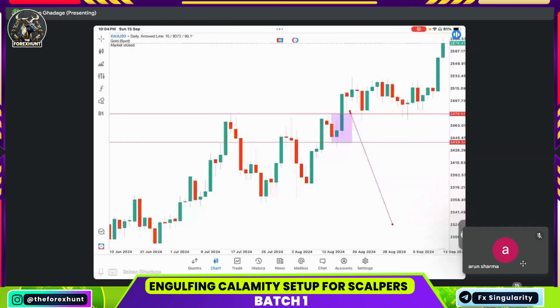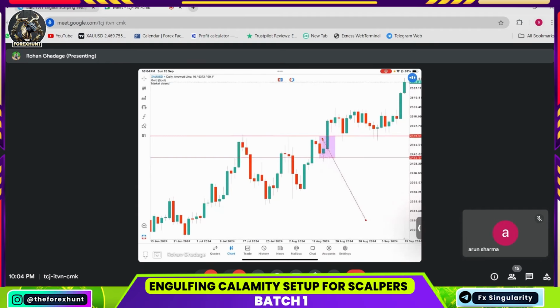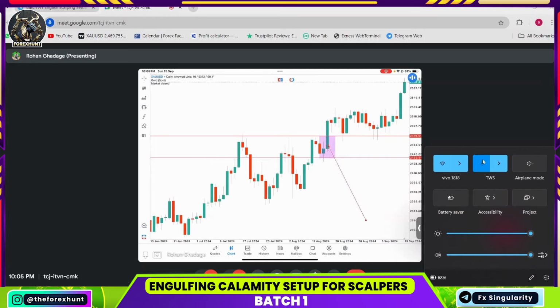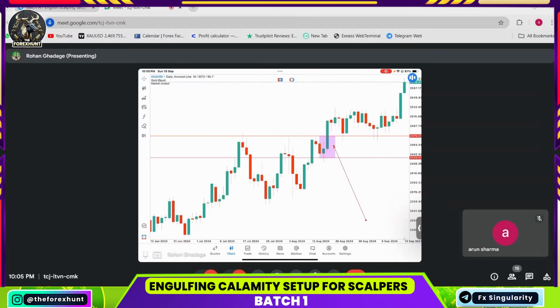It can be n number of candles. It can be two, three, four, five, n number of candles that can engulf a red candle through its body or wick. If you have more than two candles, then the rally of blue candles should be only blue: one, two, three, four, five, six.